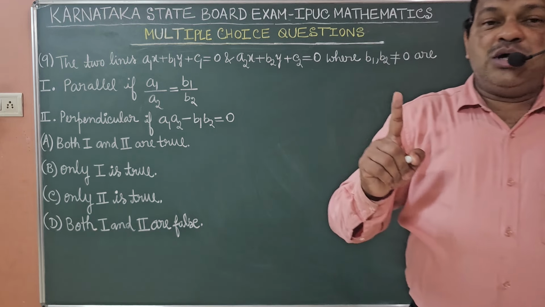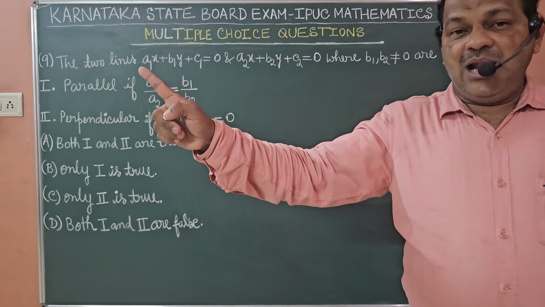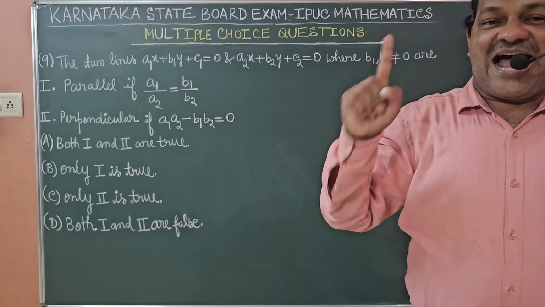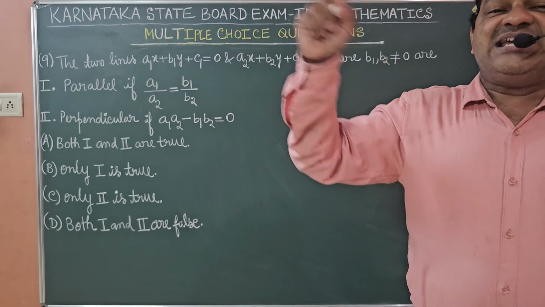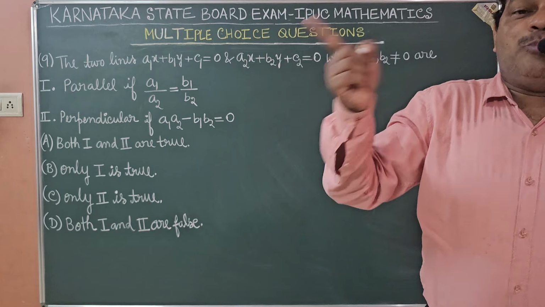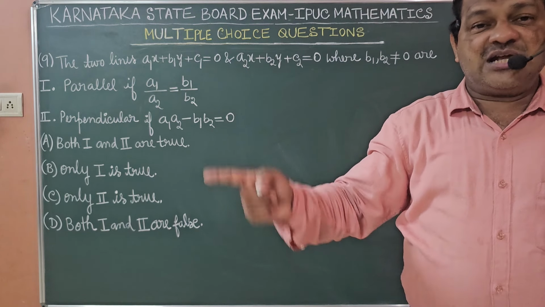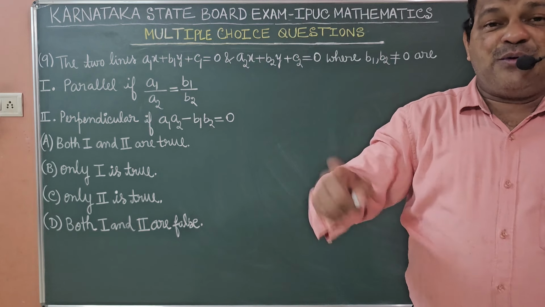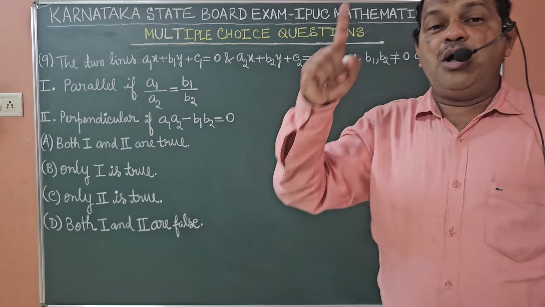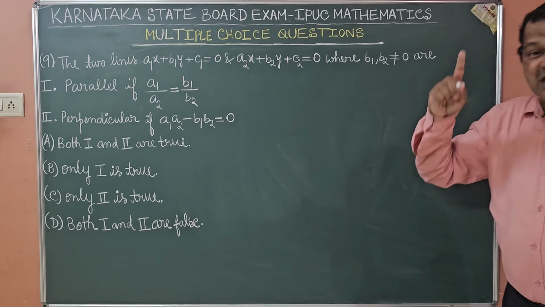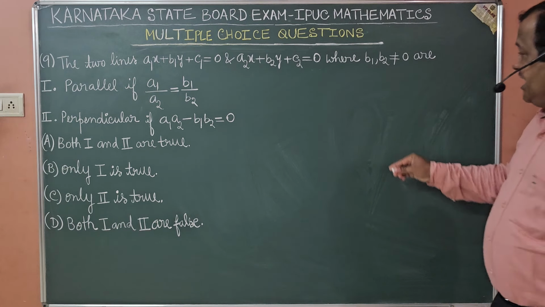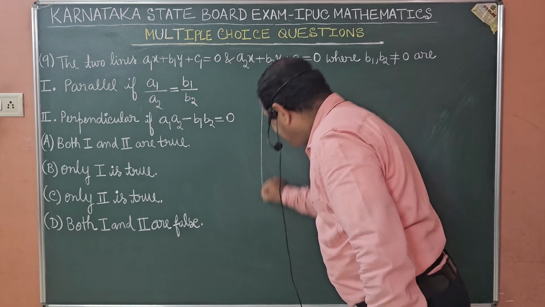Here, to prove the two lines are parallel, we should know the concept that their slopes are equal. And to prove or disprove whether two lines are perpendicular, it is enough that we know their slopes. Therefore, first let us recall the slope formula.